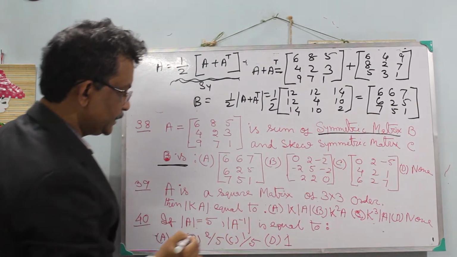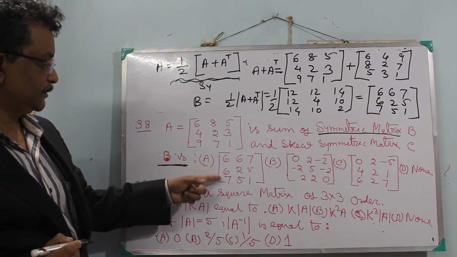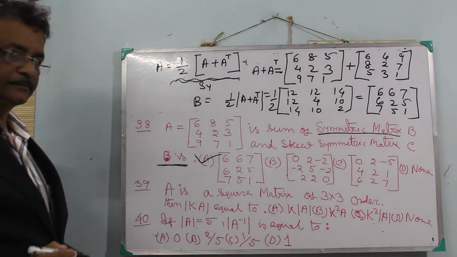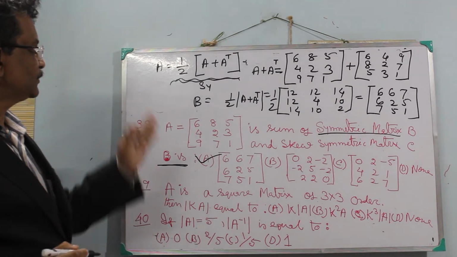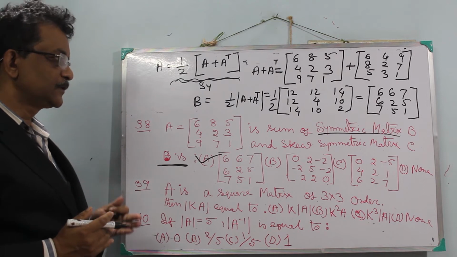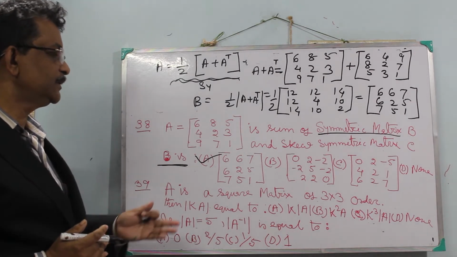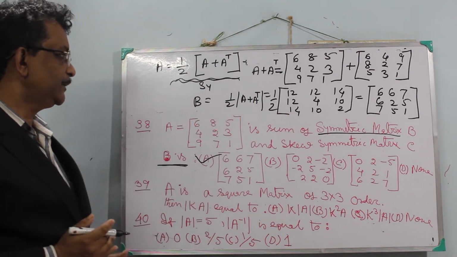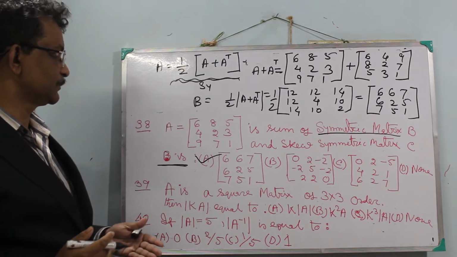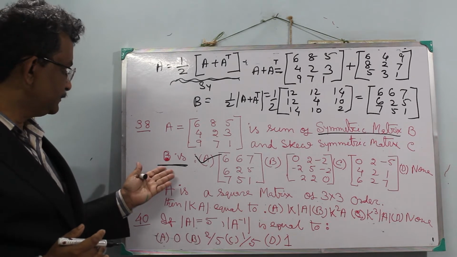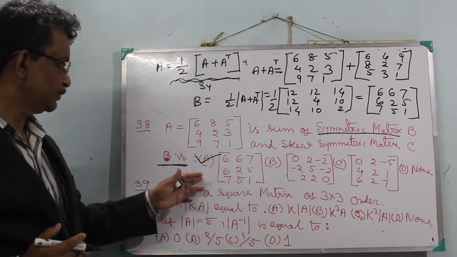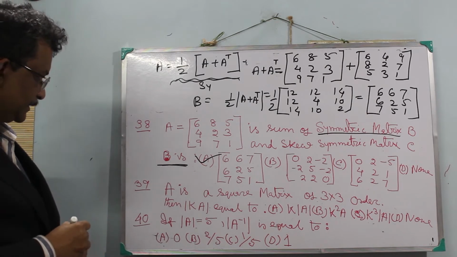So which is the correct answer? 6, 6, 7, 6, 2, 5, 7, 5, 1. A is the correct answer. Clear? Because any matrix can be expressed as a sum of symmetric and skew symmetric matrices, and that symmetric matrix is calculated as half of A plus A transpose. We are interested in B here, so half of A plus A transpose is equal to this. So it is the correct answer.